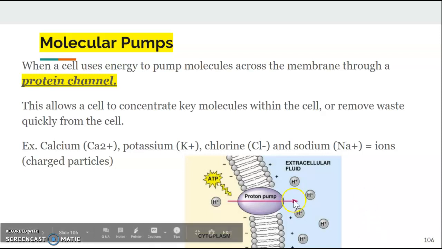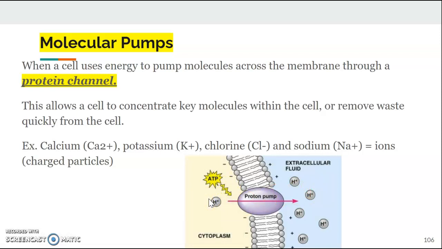So in this scenario, the natural movement of hydrogen ions would be to move from this part where I'm pointing to that part, from where there's a lot of hydrogen ions to where there's not a lot. But in this case, we need all the hydrogen ions, and so this is when it has to be pumped using a protein pump. All right.